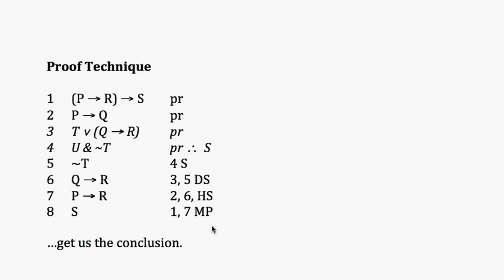Okay? So if you like or you feel you need to, you can rewind and go over that again. But what we did is we looked for opportunities to use IERs, and when we ran out of simple opportunities, we looked for ways to create those opportunities, in this case by getting the antecedent of something by using another rule, hypothetical syllogism in this case.